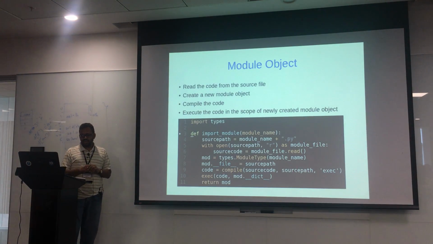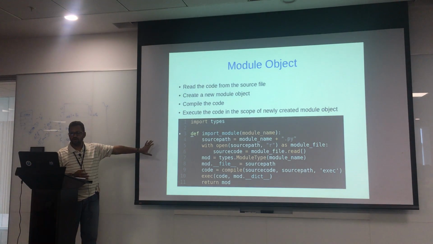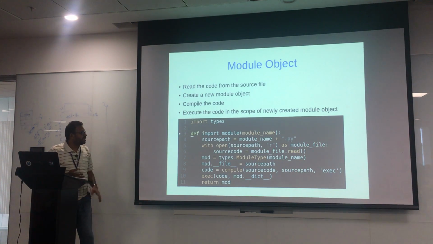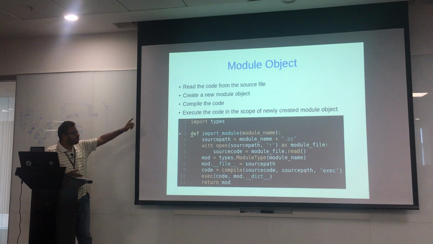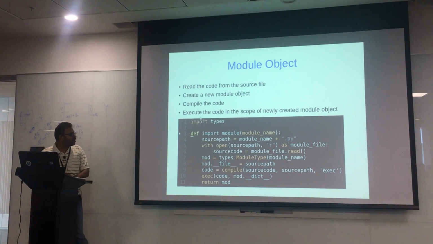Okay, so finally, let's look at a simple implementation of how to create the module object. This is not exact, but it is a simple implementation. If you look at the code here, you take the module name as an argument for import_module. You append .py, because wherever the source path is, the module name .py is there.